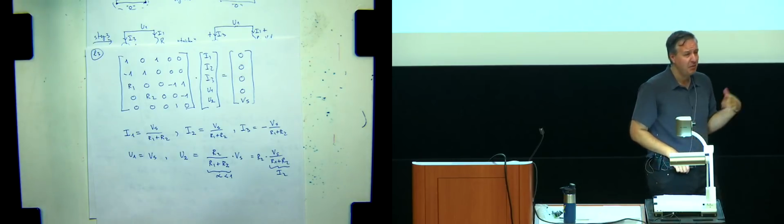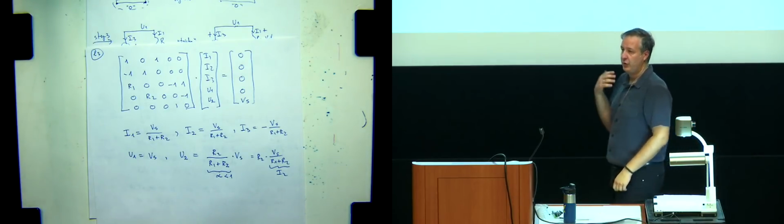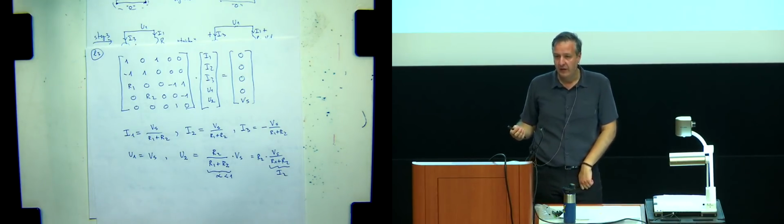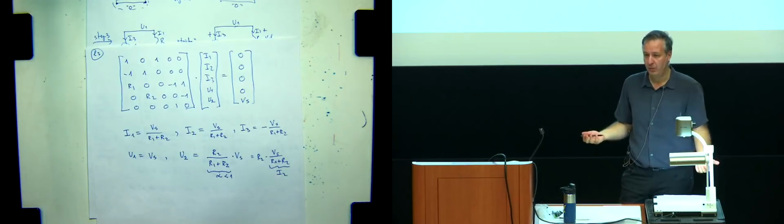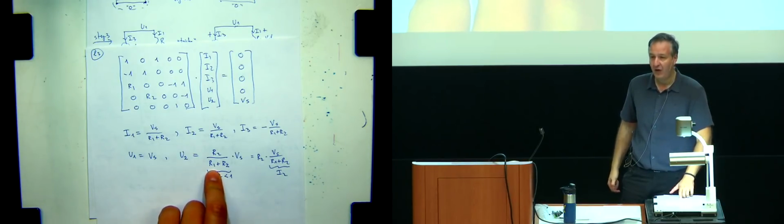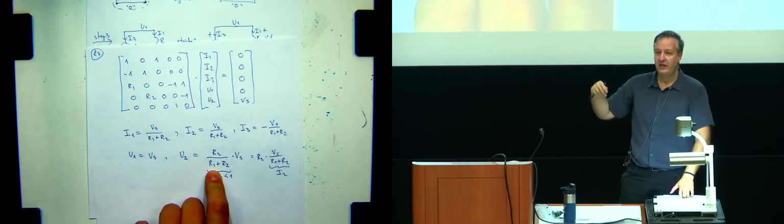So if someone tells me to build a circuit that scales the input voltage by a factor of 1/3, then I know what to do. I'm going to put down this divider, and then I'm going to pick R1 and R2 so that that alpha factor is 1/3.